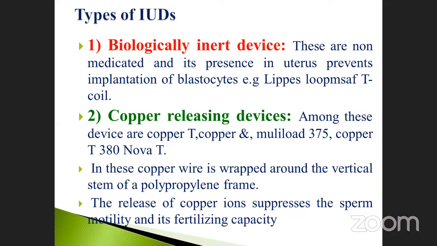And the second one is the copper releasing device. Among these devices are Copper T, Cu 375, Copper T 380, Nova T. These are all copper releasing devices. Once copper is released, it will completely kill the sperm inside the uterus.